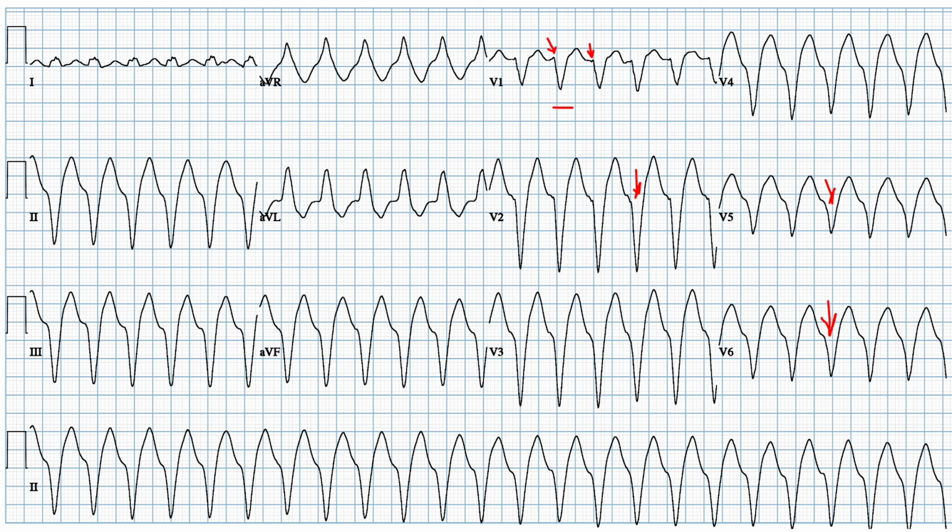If they're all QS complexes like that with no positive deflection, or if it's the opposite, if they're all positive with no negativity at all, we would call this concordance, and this is very specific for VT. Really, it's just describing normal bundle branch physiology. There is no bundle branch block morphology that looks all positive with no negativity in the precordial leads, or all negative with no positivity in the precordial leads.